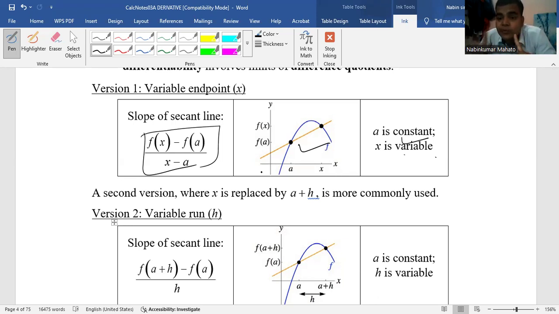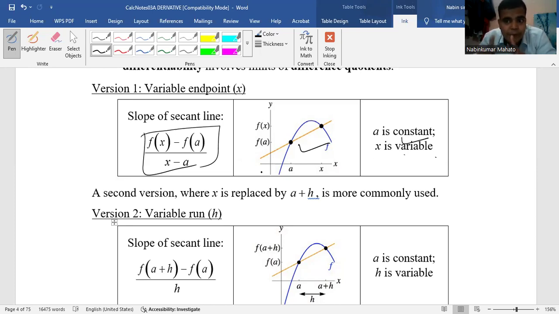In the slope of the secant line, a is constant and x is the variable, and the slope is f(x) minus f(a) over x minus a.